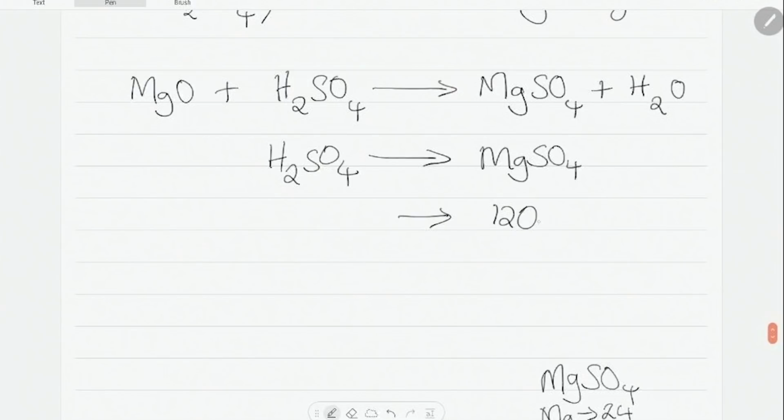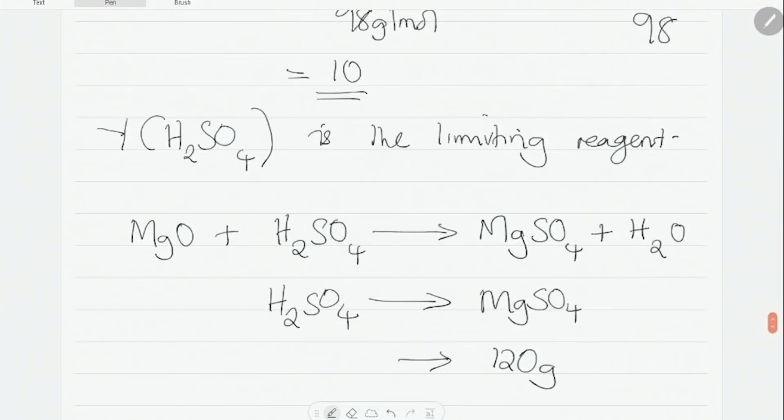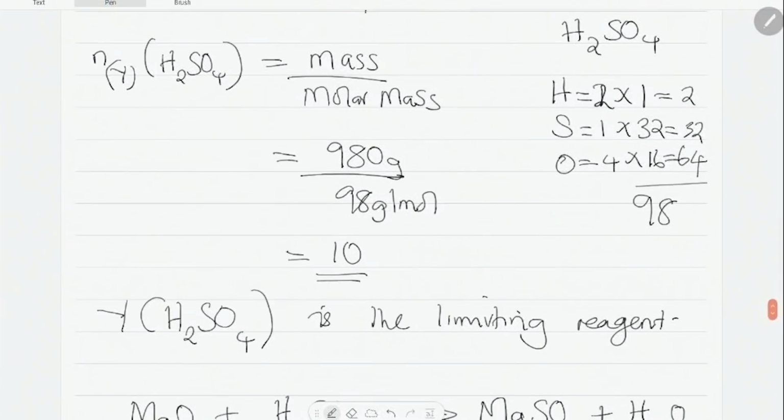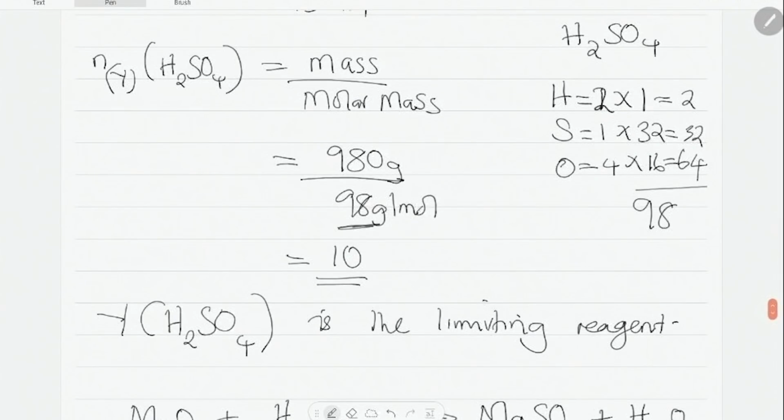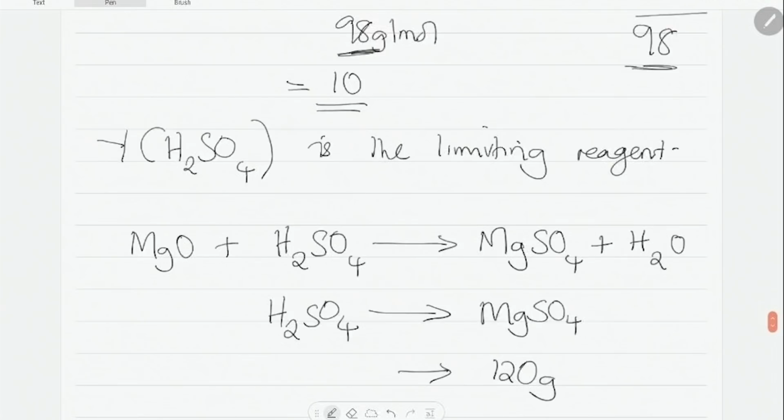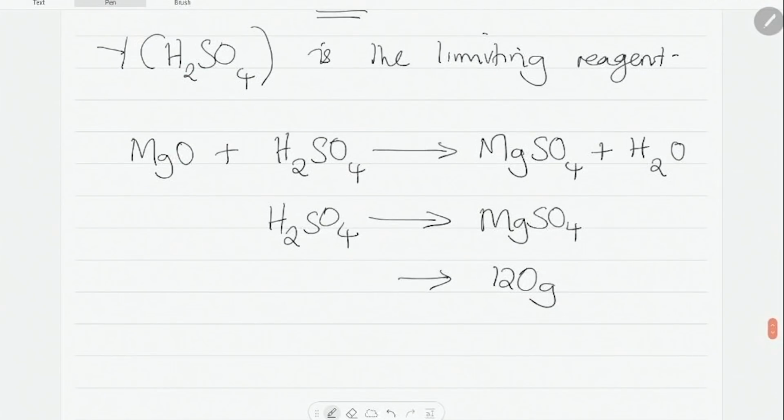Remember, we already calculated the molar mass for sulfuric acid, which is this one here. So we just transfer that molar mass and we do this. So say 98 grams will give us 120 grams. Now, since it was the limiting reagent, what mass of sulfuric acid was used?